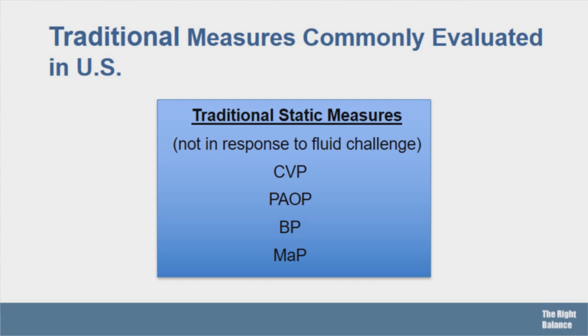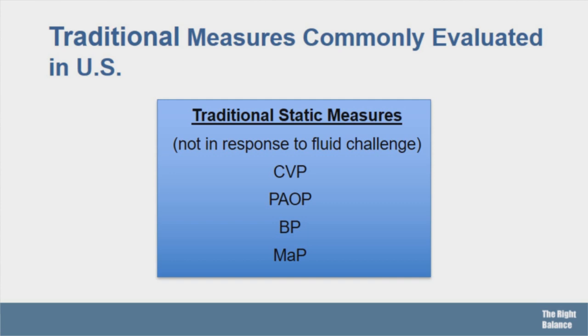Our traditional measures are looking at CVP, pulmonary arterial diastolic pressure, or pulmonary arterial occlusion pressure, better known as wedge. These are traditional measures, but they are looking at static environments. Static environment doesn't mean that those numbers don't change. That's not what static means.